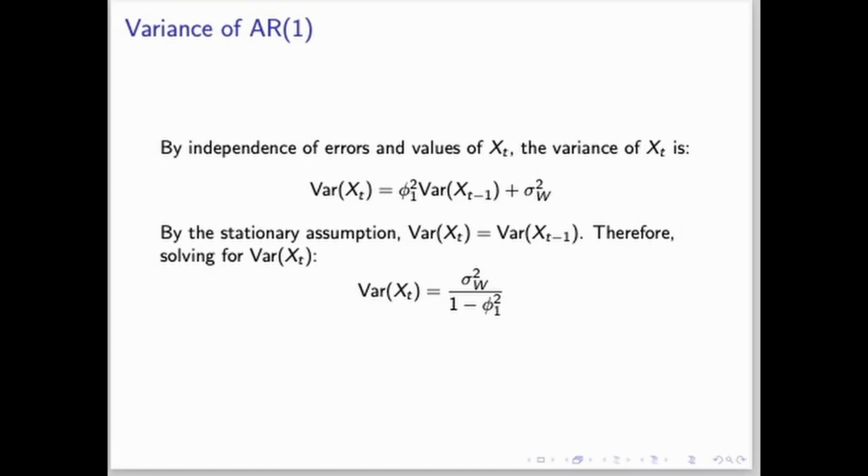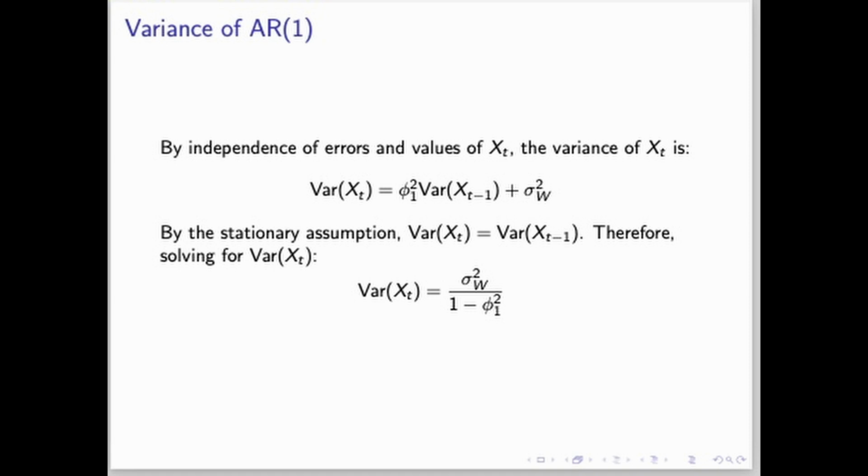Variance of the AR1 process. To obtain this value, first we square both sides and take the expected value of the equation. The variance of xt equals phi 1 squared times the variance of xt minus 1 plus the variance of wt. Due to stationarity, the variance of xt equals the variance of xt minus 1, which is equal to sigma squared x.